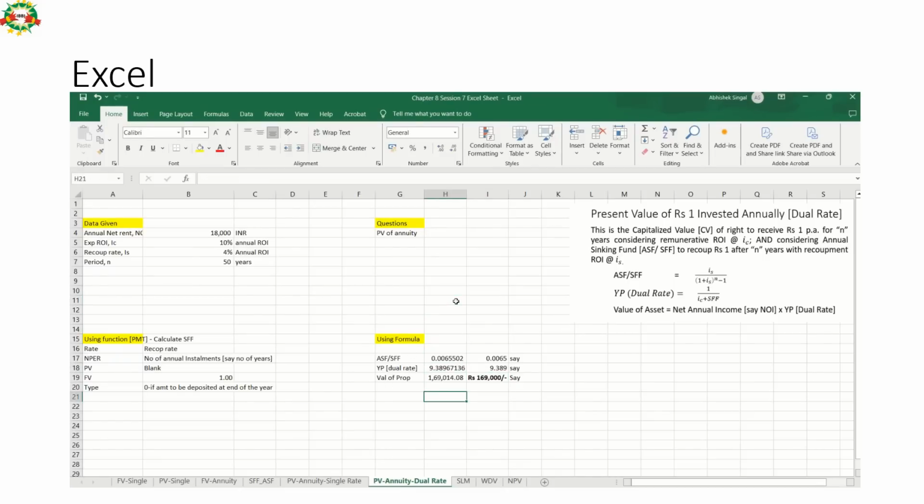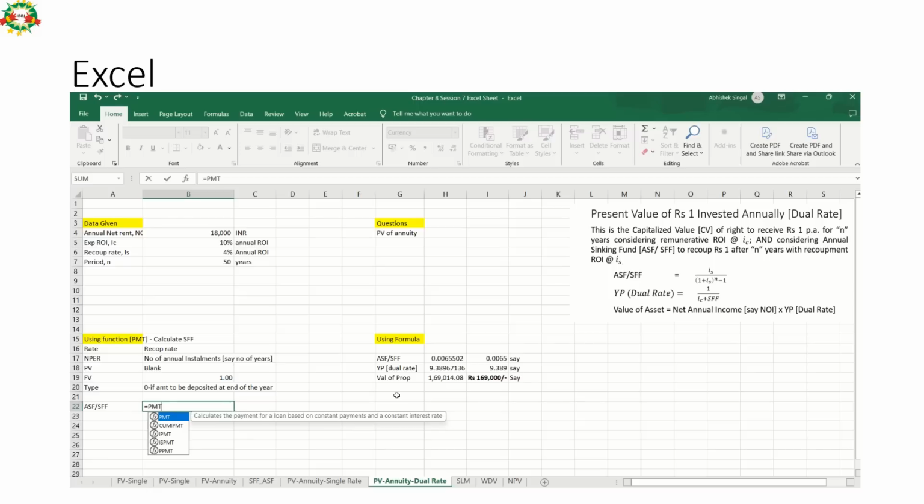Now let us understand with the help of a function how you can calculate. We calculate this ASF or SFF with the help of a function in the Excel sheet. You have to use the PMT function for that. First you enter the recoupment rate, then the period 50, then the present value has to be blank, put 0 here, and then the future value has to be always 1 because it's a recoupment rate.